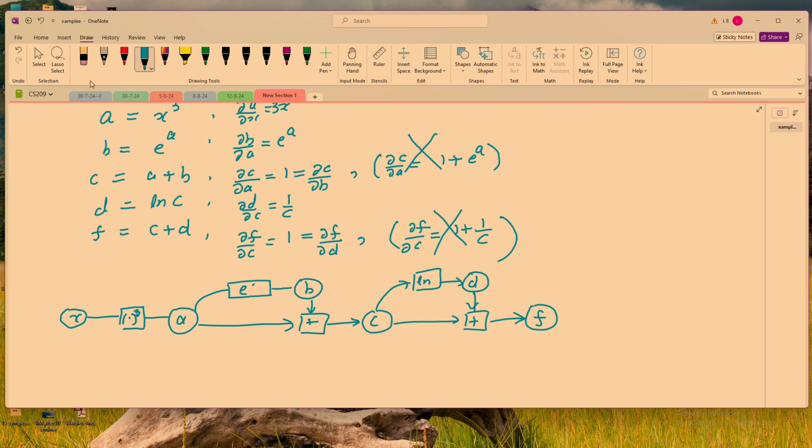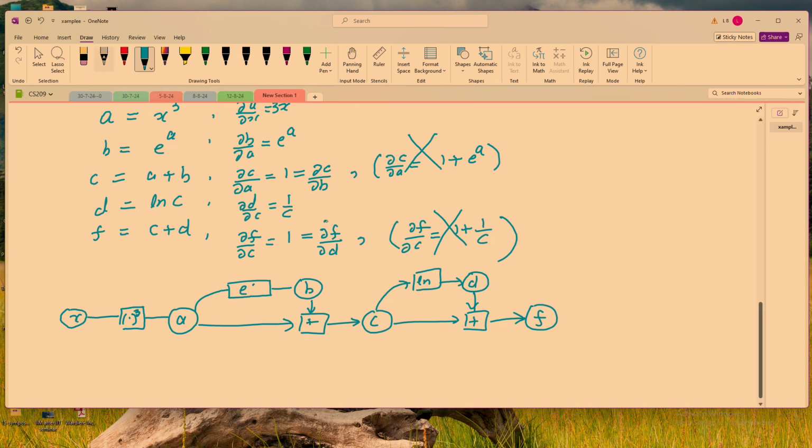Now is the important part, reading the graph. In reading the graph, if there is a node which is adjacent to your final node which you're trying to compute, and there is no other backward path to it, then you directly know that there will be a derivative existing. In this case, df over dd is already computed, and it's there for you.